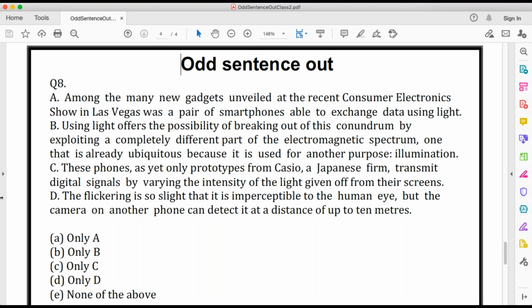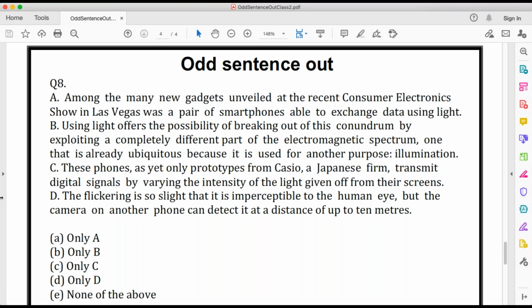These phones can be nothing but the phones which are being talked about in sentence number A. The flickering is so slight that it is imperceptible to the human eye, but the camera on another phone can detect it at a distance of up to 10 meters. Another sentence talking about the phone and the camera.